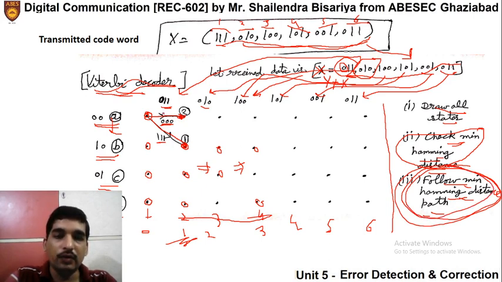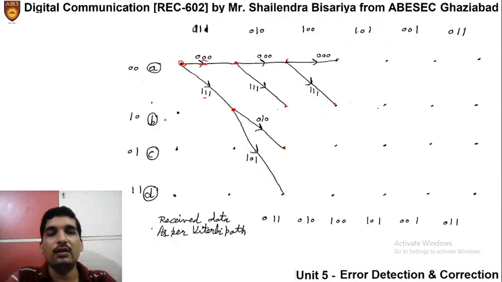How will we find the minimum Hamming distance? We will compare the received code with the output we are getting through this path. Here, if the output we are getting through this path is 000, and the received code is 011, the second and third bits differ, so the Hamming distance is 2.